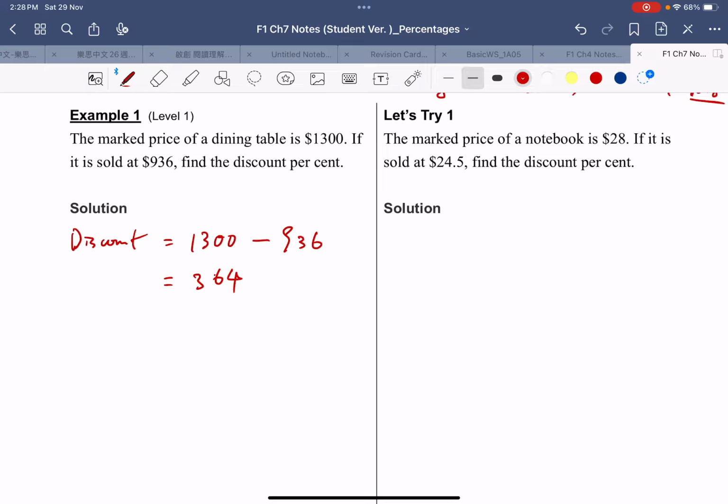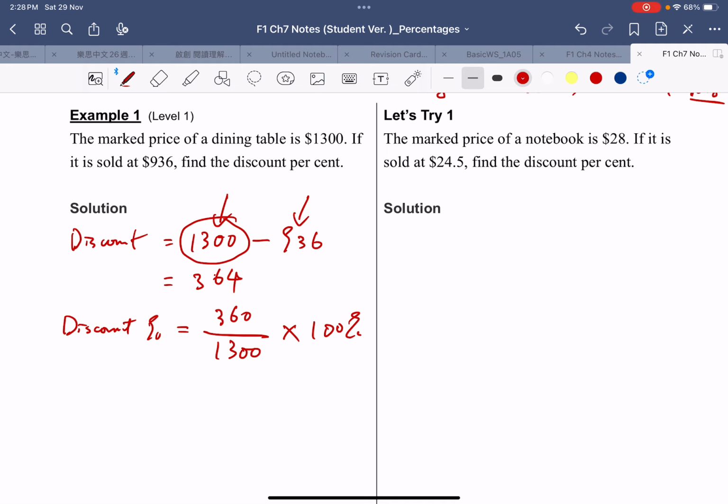And the discount percent, the discount divided by what? Divided by this number or this number? Should be this. The market price, should always be divided by the market price, and then times 100%, 28%.